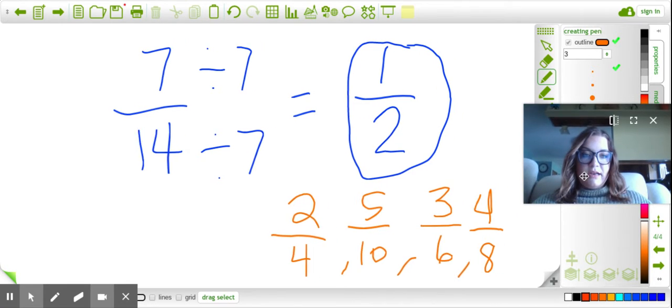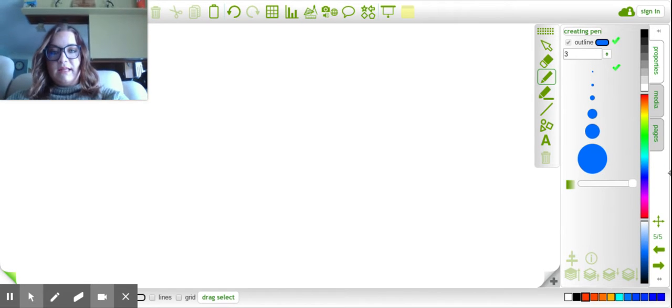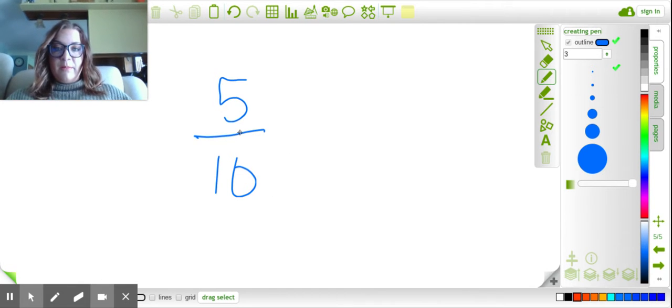Okay, let's try another one where we're using division. Let's think about 5/10. I'm looking at 5/10 and I know that 5 and 10 are in the same fact family. They're multiples. When you count by fives, you say 5, then you say 10.